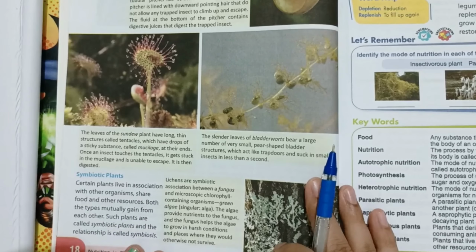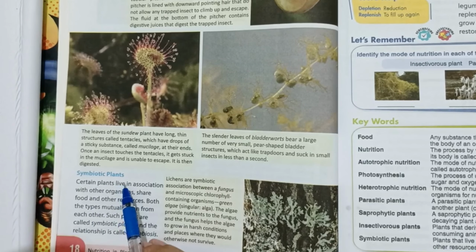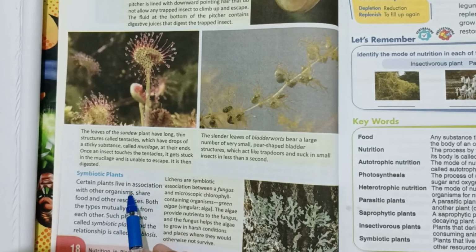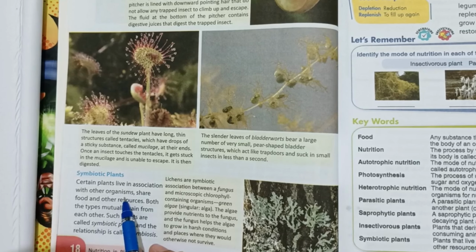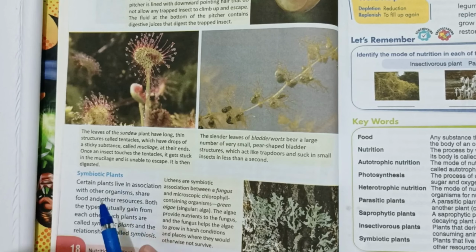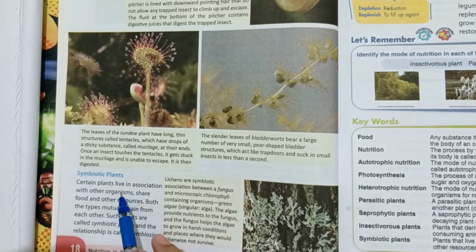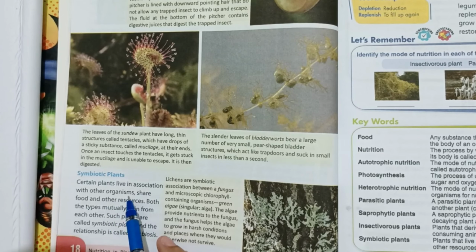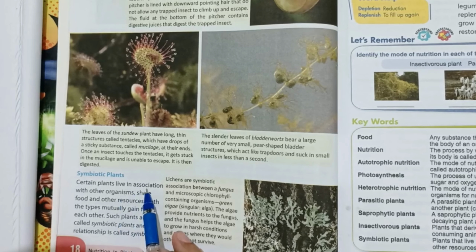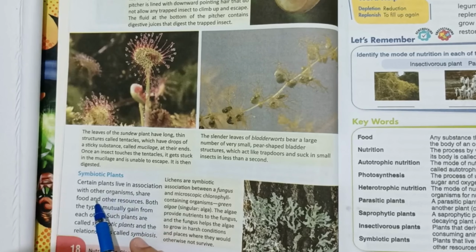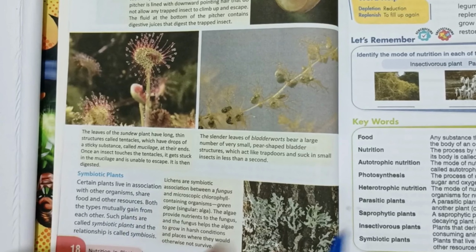Next, the fourth category, the symbiotic plants. Certain plants live in association with other organisms and share food and other resources. Symbiotic plants are those plants which live in association with other organisms. That means it will not harm the host plant. Both the host plant and the dependent plant share the resources.